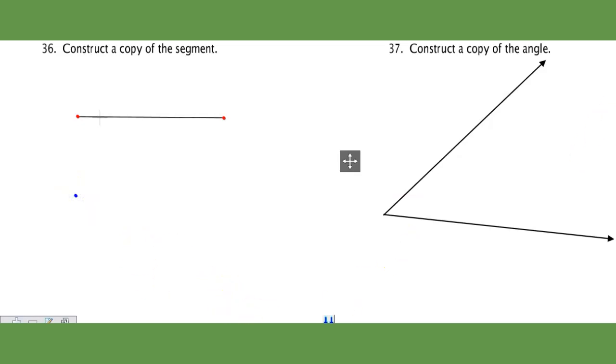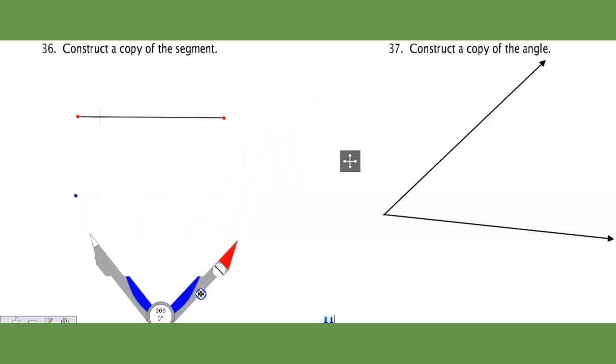and getting out our compass. And I want to copy the length here. So I'm going to spin this around, get the same exact width here, and then just move your compass down a little bit, and then go ahead and mark. There we go.